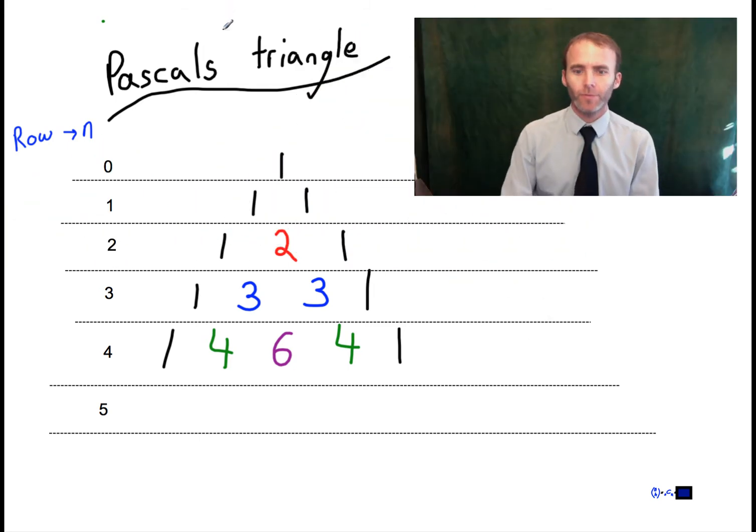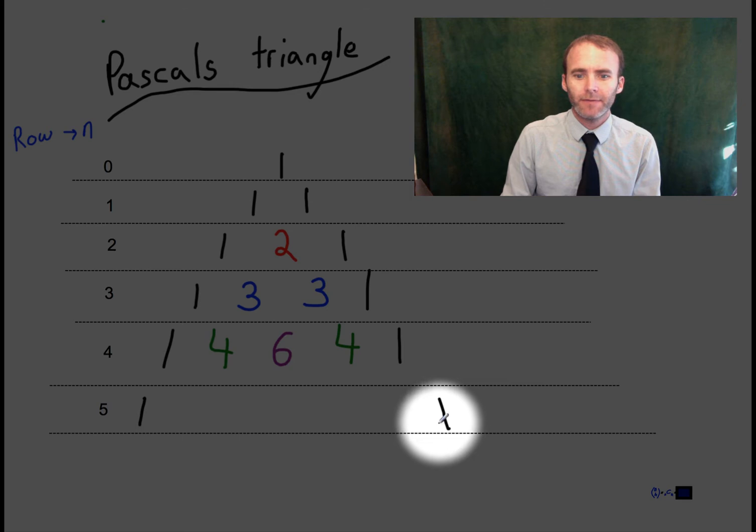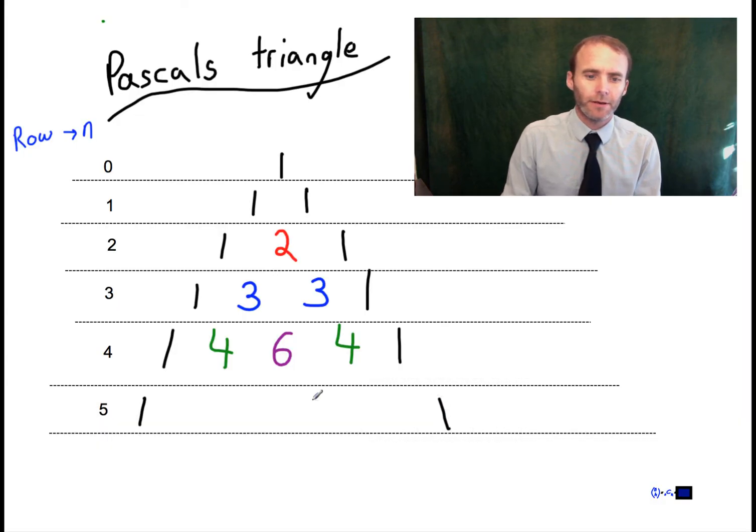Okay, so I hope that you figured it out. You can see it makes a triangle with the outside edges. All of these outside edges are 1. The same thing goes for this 5th row, it's a 1.